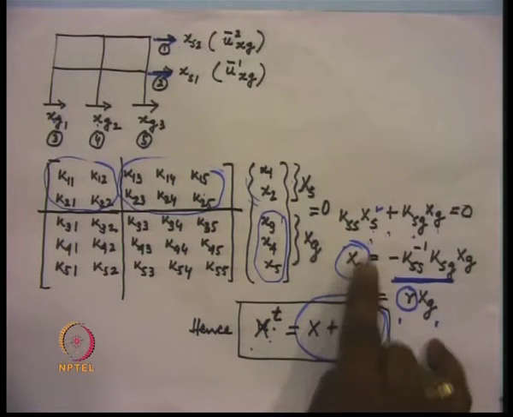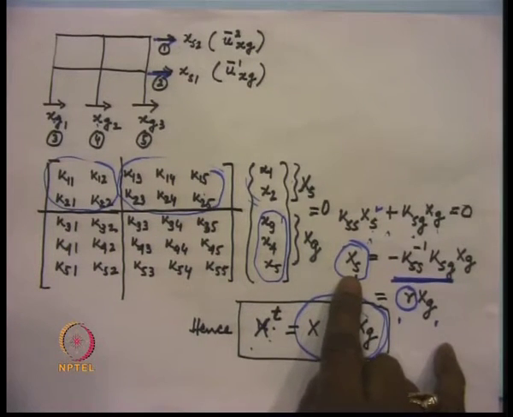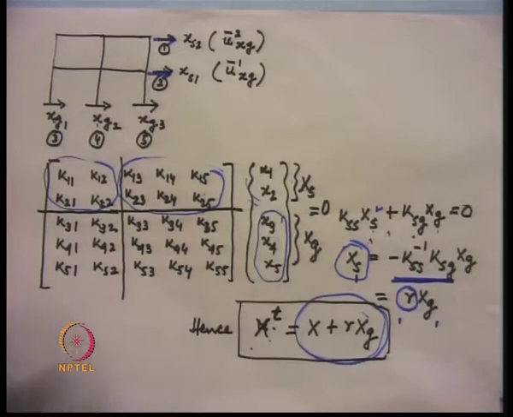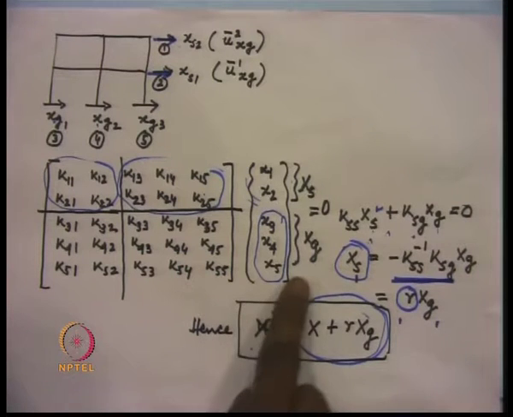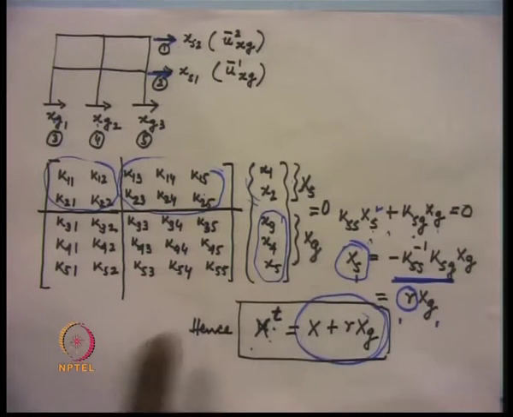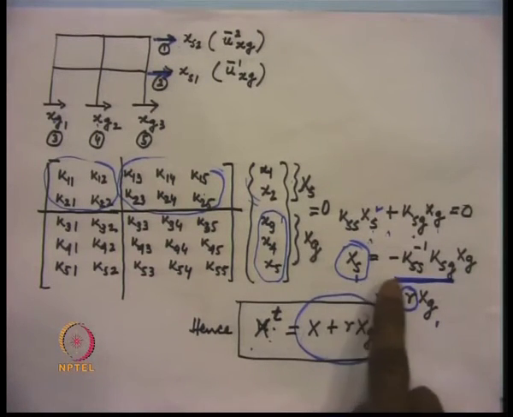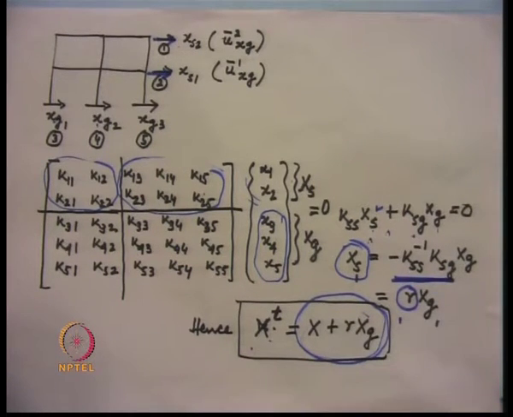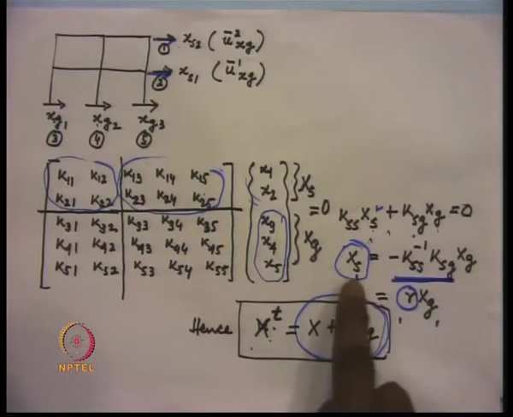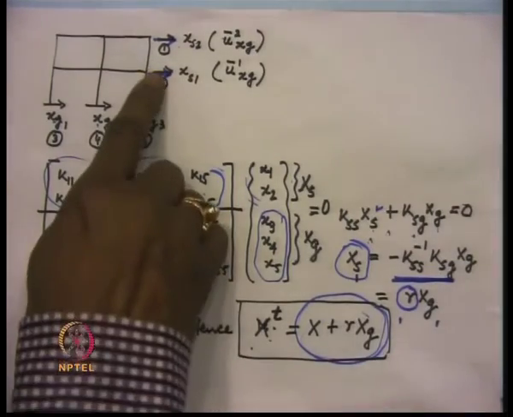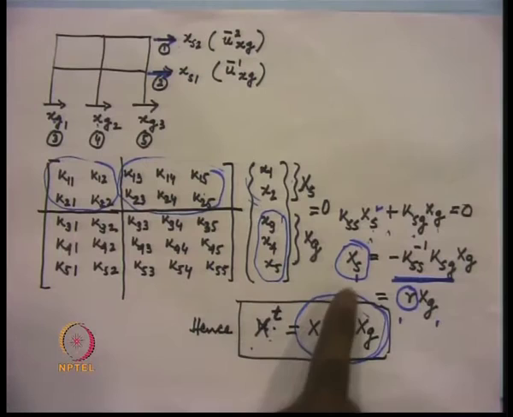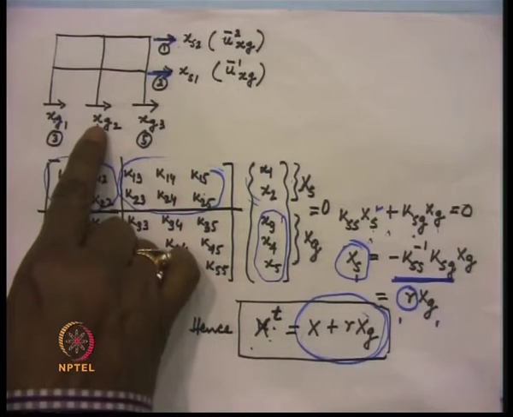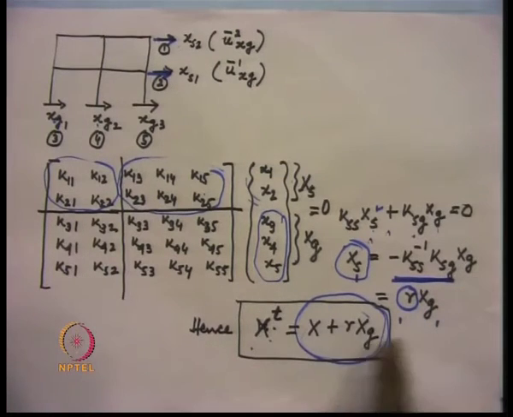And from there one can write down xx, that is the displacement at the non-support degrees of freedom produced due to xg, which is known to us, will be equal to minus kss inverse ksg into xg. That is the xx, that is, these 2 displacements can be obtained from the known displacements at these 3 points xg.